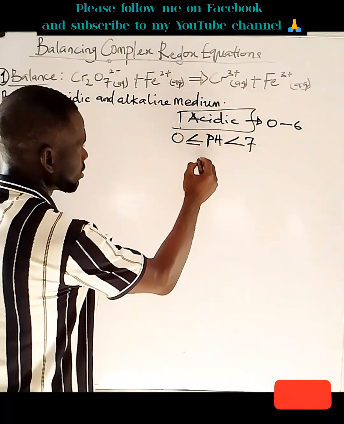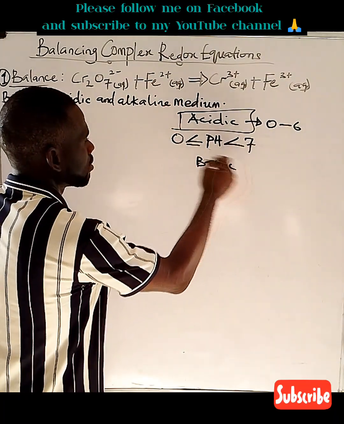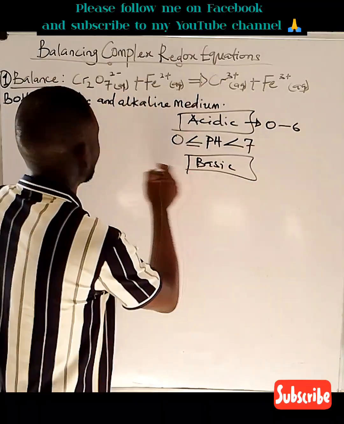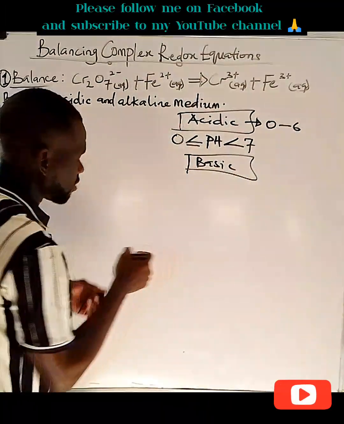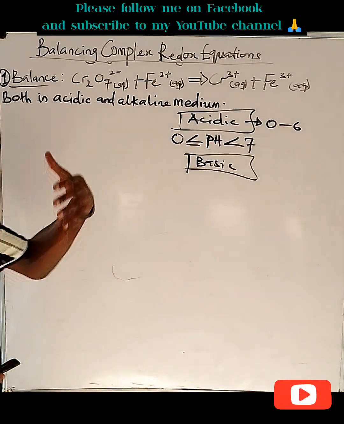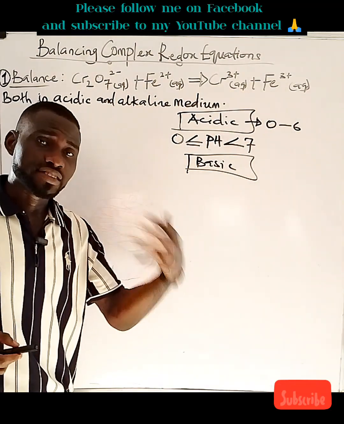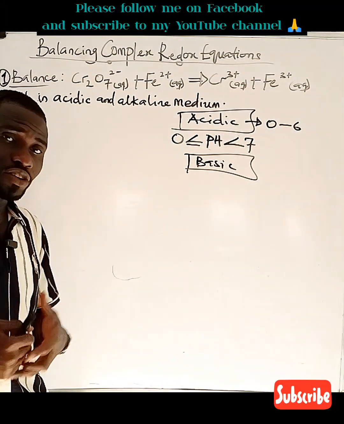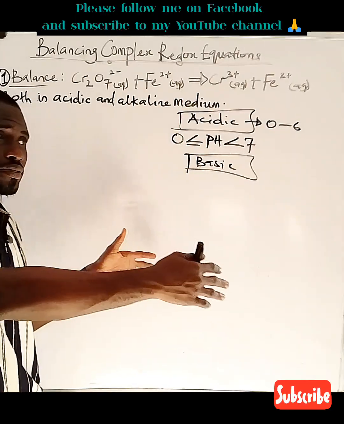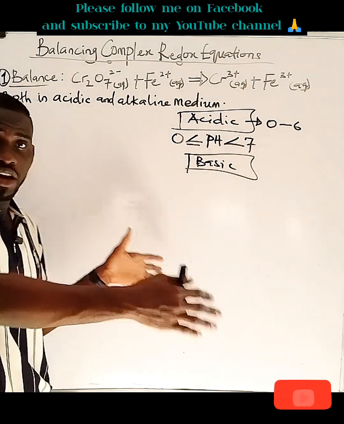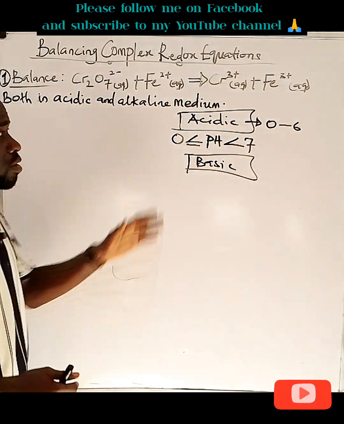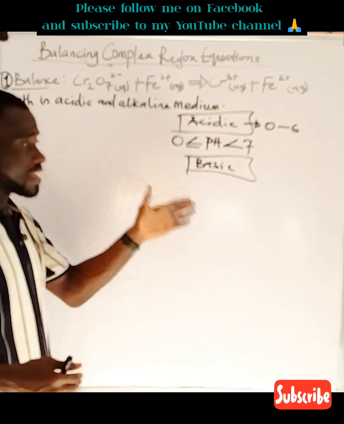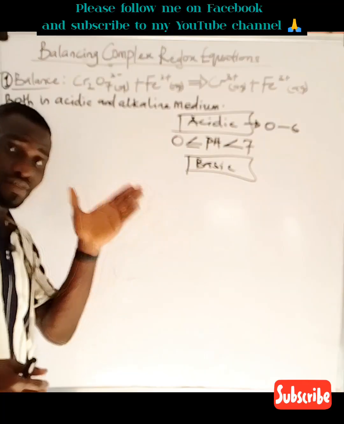While for basic or alkaline, whichever word you want to use, they are the same thing. For basic or alkaline, we're talking about the pH being higher than 7, not more than 14. Don't forget, according to Sorensen, the pH scale is between 0 to 14. So for basic, the pH is more than 7. 7 is neutral.